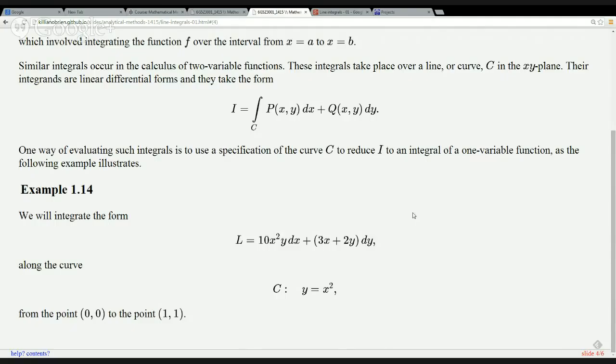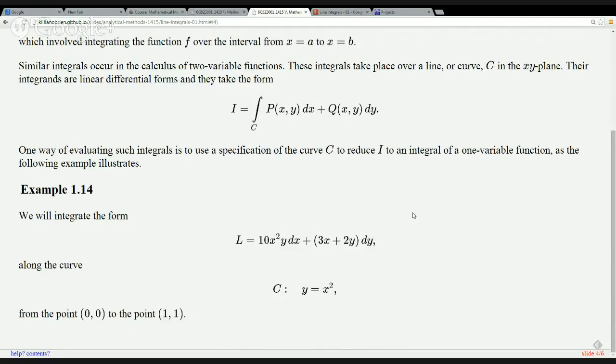So on the curve C, we always have that the y variable is the square of the x variable. By taking the derivative of both sides, we can see that there's a relationship between the two differentials, dy and dx. You need to use the chain rule when working out the differential on the right-hand side. It's going to be 2 times x dx.